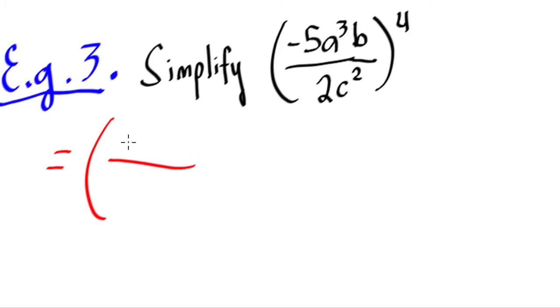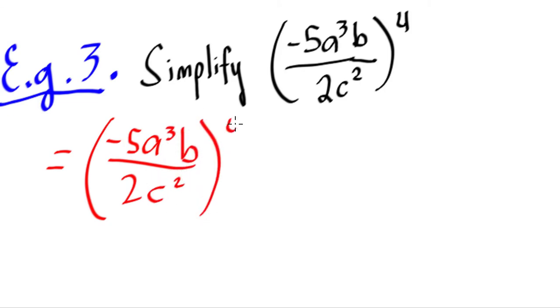We have negative 5 all over 2, and for the exponents, we have a cubed b, and there's no common term here. So the only reasonable thing that we will do is raise them all to the power of 4.